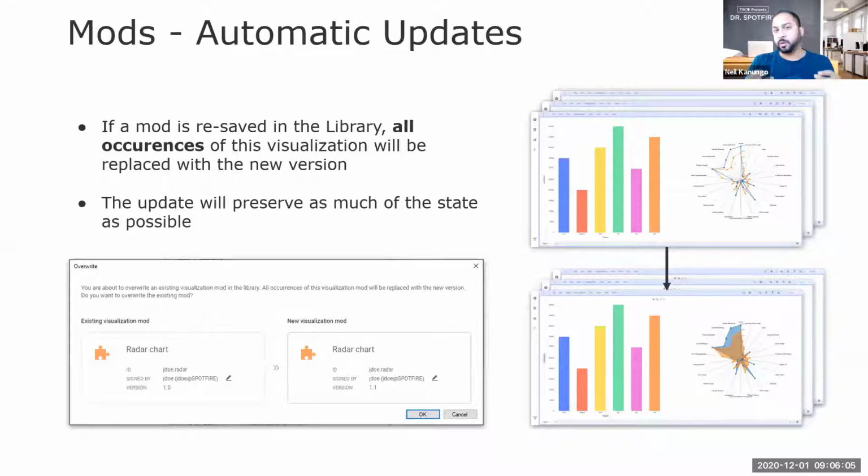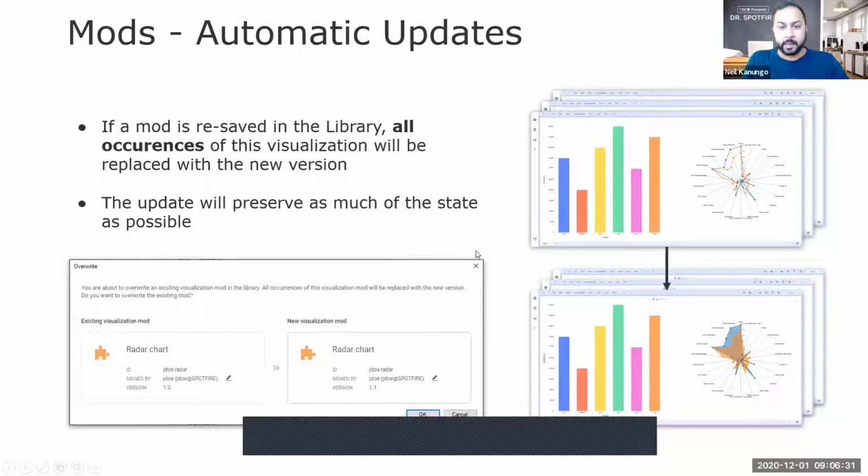So if you update a visualization, like the radar chart here on the right, and a new version fills in these polygons, that will push out to all the other occurrences of the visualization in other analyses, if that's what you want.